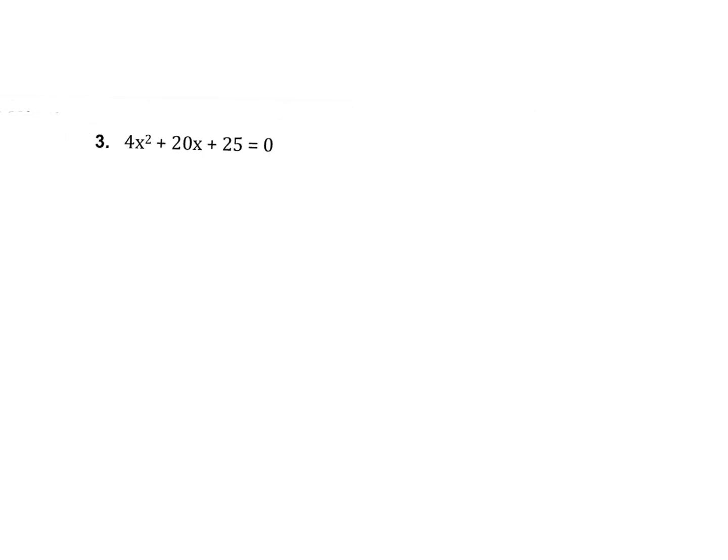All right, for question number 3, again, we're going to give the discriminant and then determine the number of solutions. So our A is equal to 4, our B is equal to 20, and our C is equal to 25. So again, we'll start with b squared minus 4ac. Let's plug in the 20.